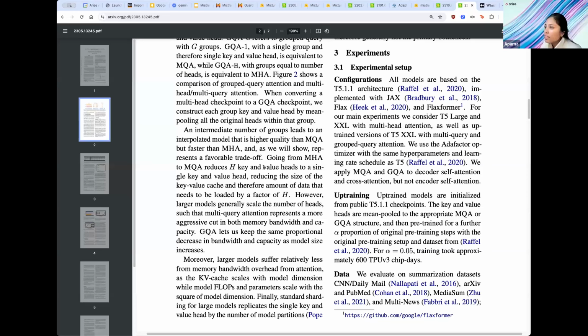Going from MHA to MQA reduces H key and value heads to a single key and value head, therefore reducing the size of the key-value cache, and therefore the amount of data that needs to be loaded, by a factor of H. However, larger models generally scale the number of heads, such that multi-query attention represents a more aggressive cut in both memory bandwidth and capacity. GQA lets us keep the same proportional decrease in bandwidth and capacity as the model increases.